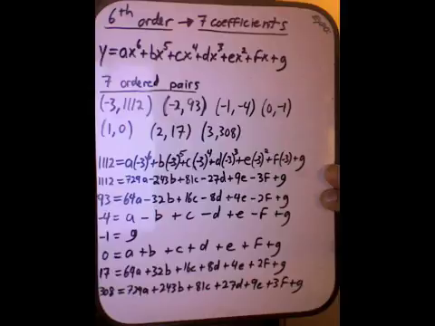Alright, so on this line here, all I'm doing is plugging in my first x value, -3, and my first y value, 1112. And I can rewrite that like this, and it's the same. I've just evaluated all those powers. And then on these lines here, I'm doing exactly the same thing, but for all my other points: -2, -1, 0, 1, 2, and 3.